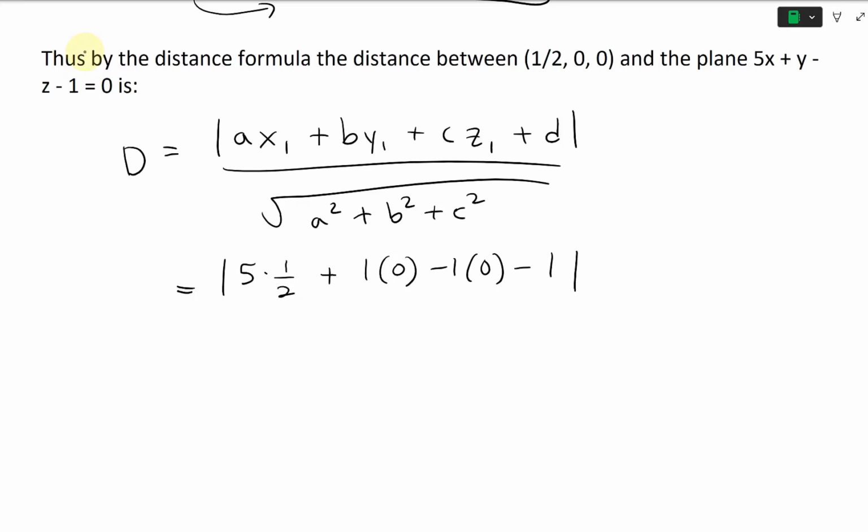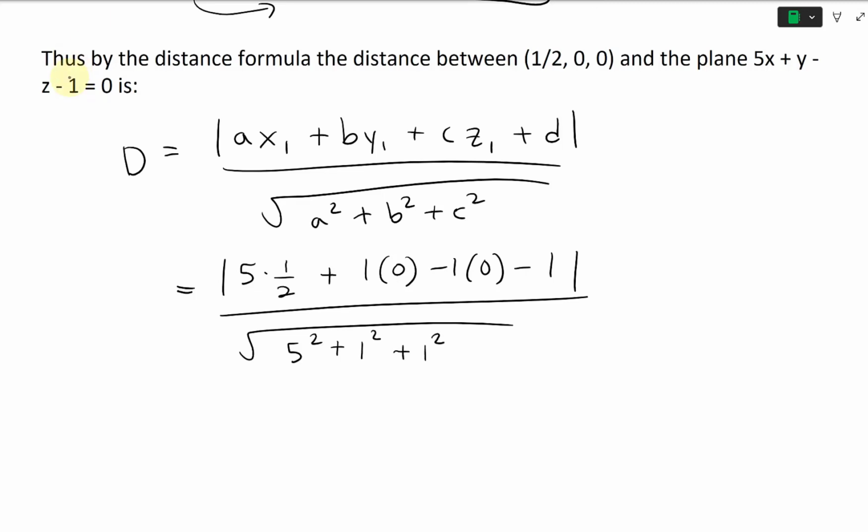Alright, so we have all this in absolute value, and then divide by the length of the normal vector: the square root of 5 squared plus 1 squared plus negative 1 squared.